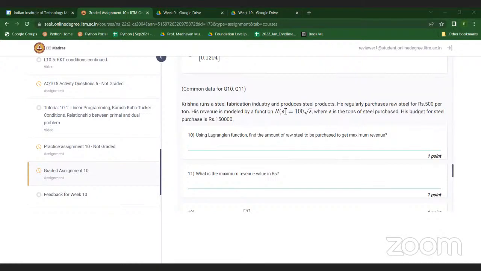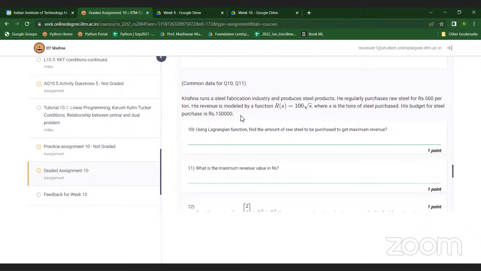The constraint for us is that the cost for 1 ton is 500, and his budget for steel is 1.5 lakhs. So you should have this 500x less than or equal to this 1.5 lakh. That is what you should be using. Clear?